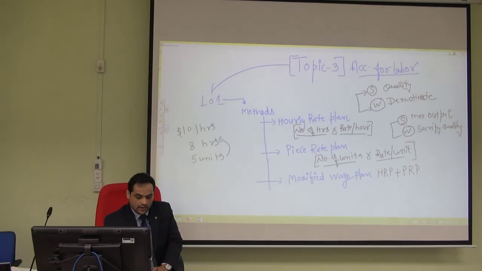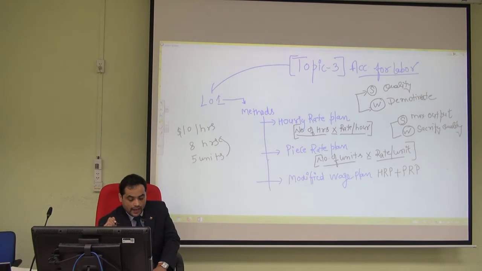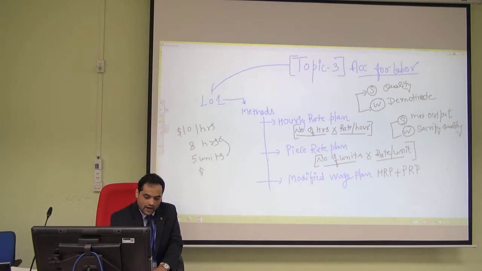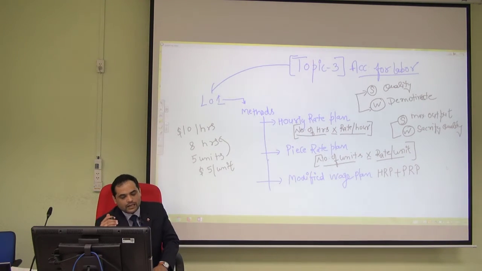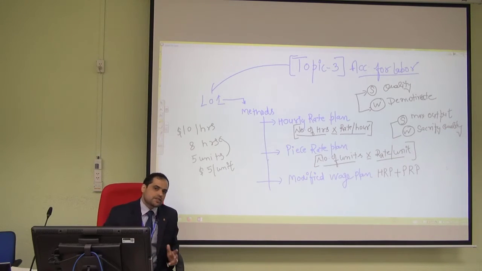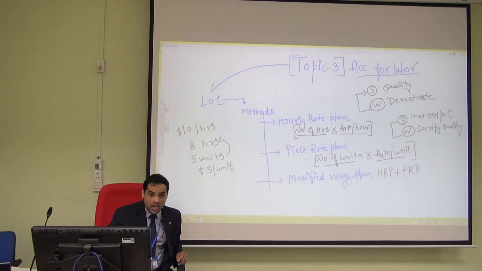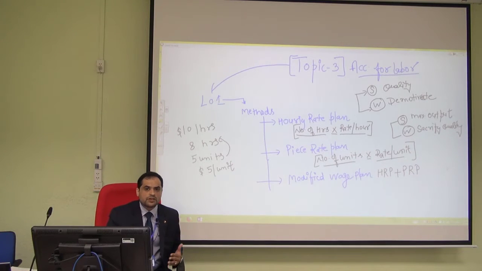And the company pays $5 per unit. All right. So here we can have some assumptions about the output. For example, the worker works 8 hours and produces 5 units. So whatever the company asked the worker to do, the worker did the same thing.